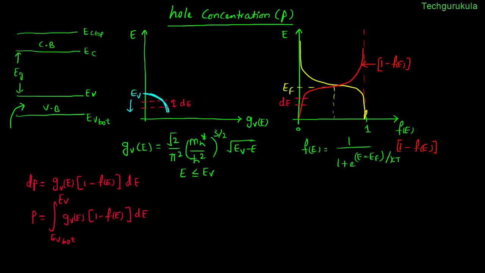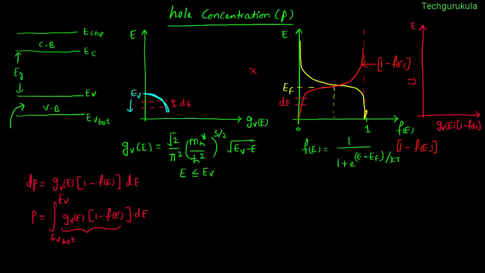Now if we see this multiplication of these two functions from these graphs, if you multiply, then the resultant curve would be like this, where we are taking E on y-axis and GV of E times 1 minus f of E on x-axis. So above EV, the value of GV of E is 0.